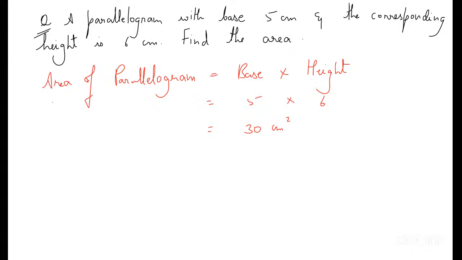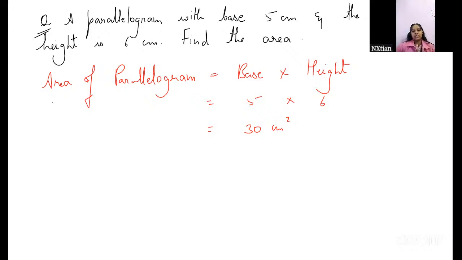There is one thing, a very important thing. When we are doing such questions whose answer have measurement, like this area, we write the area 30, then we put centimeter square. If you don't put centimeter square in the answer, marks can be deducted in the tests.